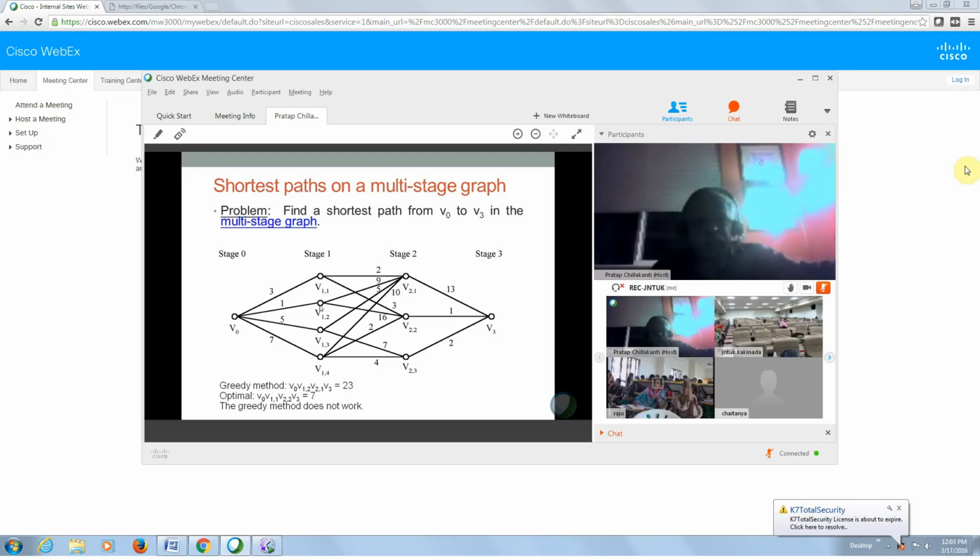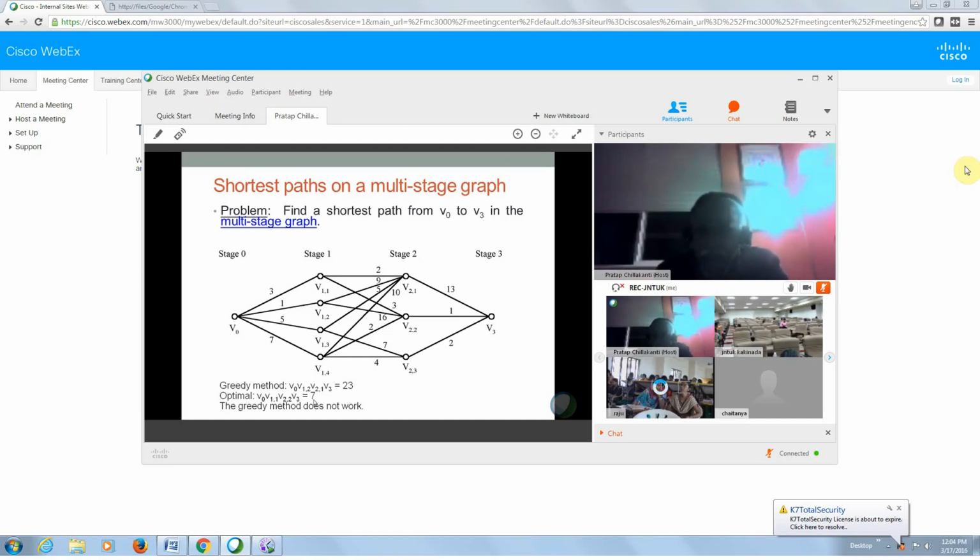But you can see here, when you have a multi-stage graph like this, the greedy method does not give you an optimal solution. Very important: this is one of those graphs that you should memorize at a high level. You are memorizing the concept of a multi-stage graph.